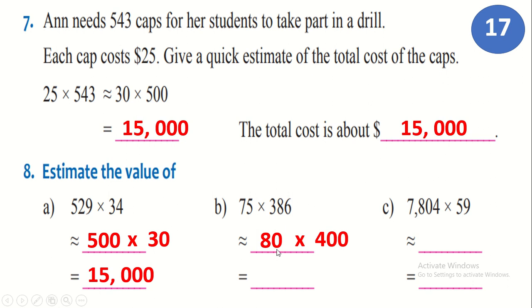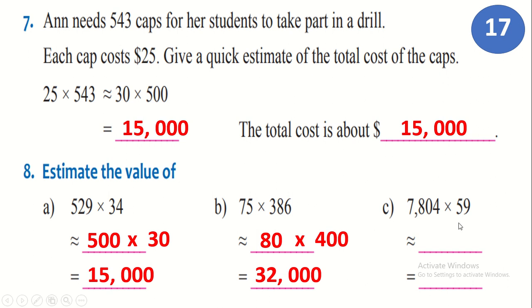How many zeros? 3 zeros. You write 1, 2, 3. 8 times 4 is 32. And then 3 zeros, the answer is 32,000. Correct, students?